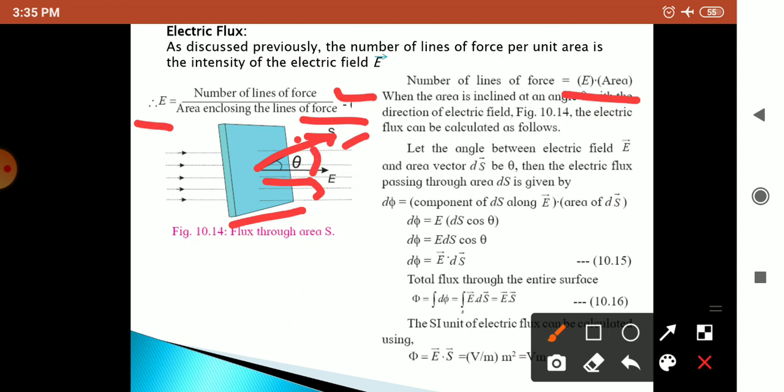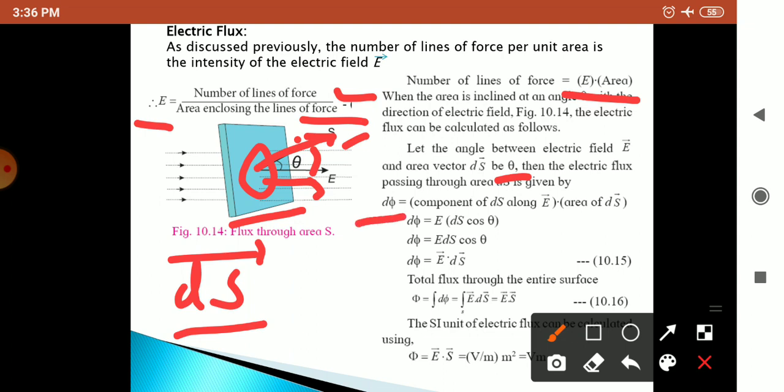The electric flux can be calculated as follows. Let the angle between electric field E and area vector ds be theta. We have to consider a small area of this portion, so it is ds, and the angle between them is theta.